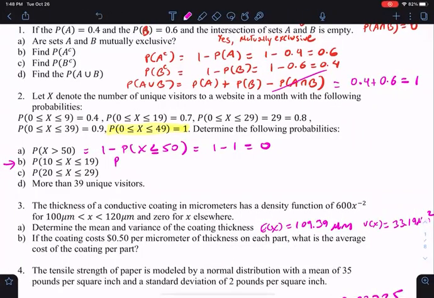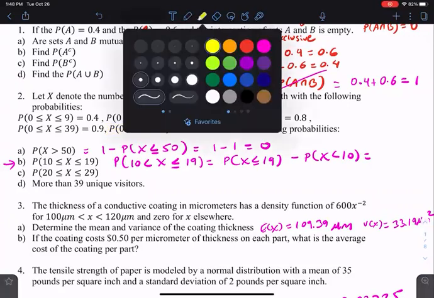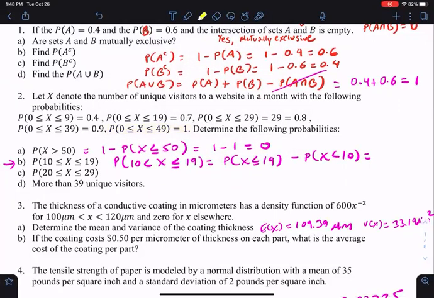So this is 10 less than the random variable X, which is less or equal than 19. This means that P(X less than 19) minus P(X less than 10). You know what P(X less than 19) is, that's given here, right? Let me make this a little thicker. So that's right here, 19, right? This one right here is 0.7.